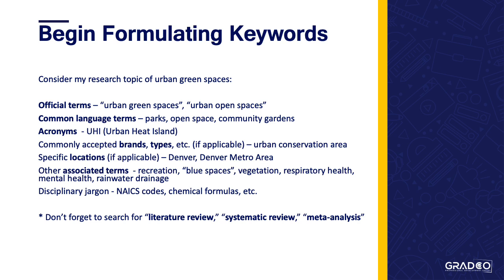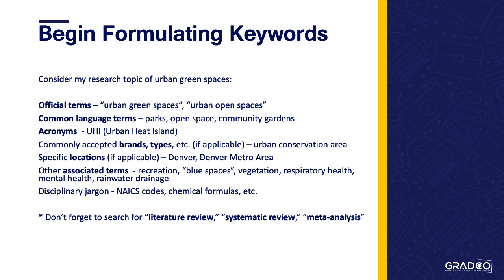Then there are associated terms, things that may relate to your research topic, like recreation, blue spaces, which are water-based open space, vegetation, impacts on human health, like respiration and mental health, things like rainwater drainage that urban green spaces may help to promote. Finally, there are disciplinary types of jargon.